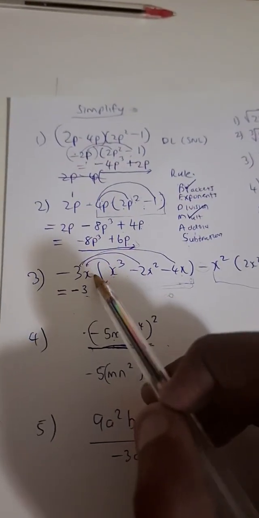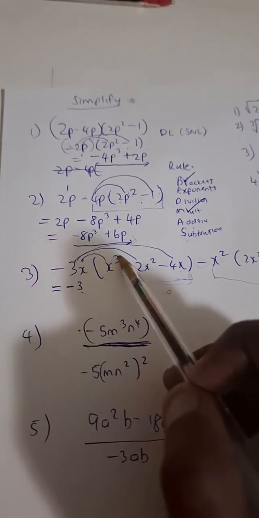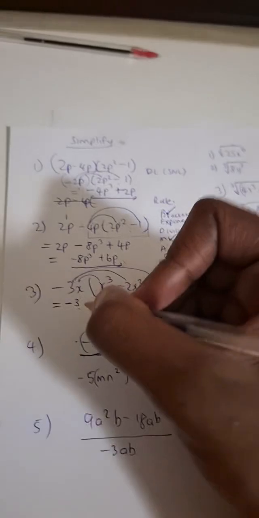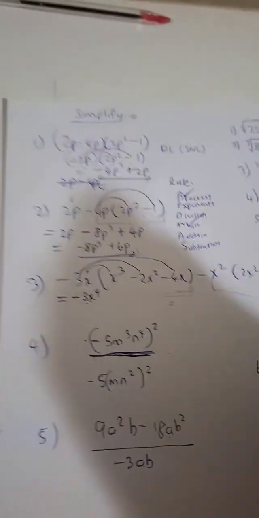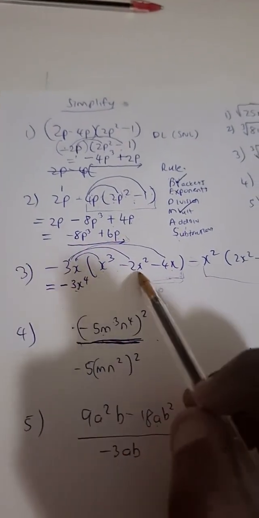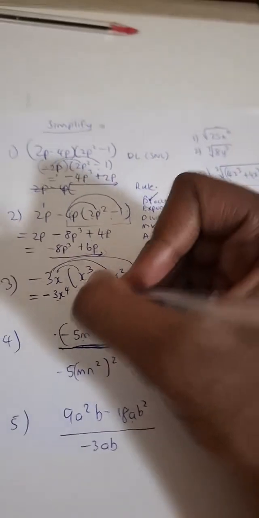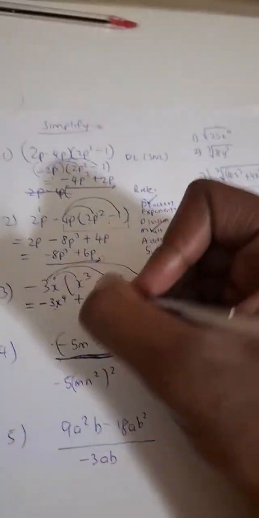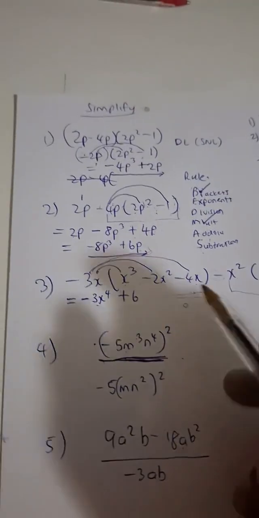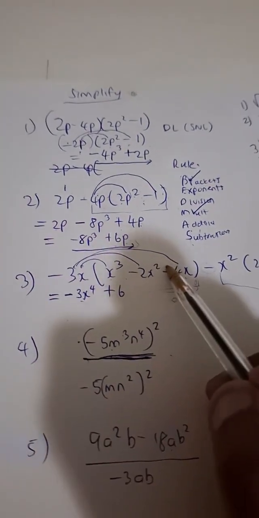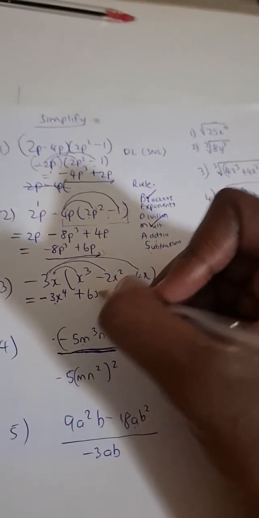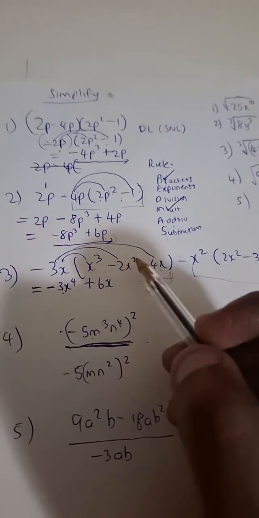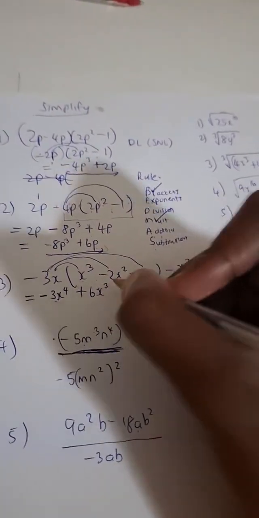Yes, no username, very good. The x times the x to the power 3, 1 plus 3 gives you x to the power 4. Do the same thing with the second term. Negative times the negative is positive. 3 times 2 is 6. X times x to the power 2 gives us x to the power, there's an exponent 1 plus 2 gives you 3.